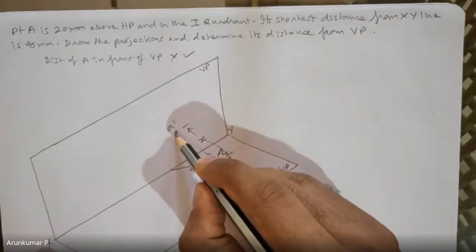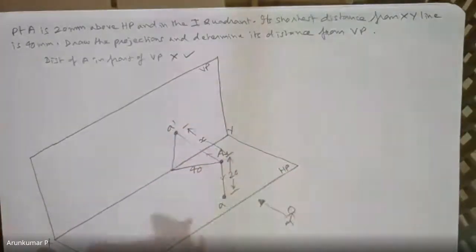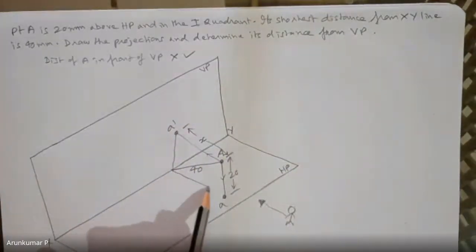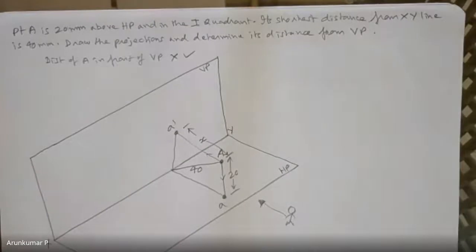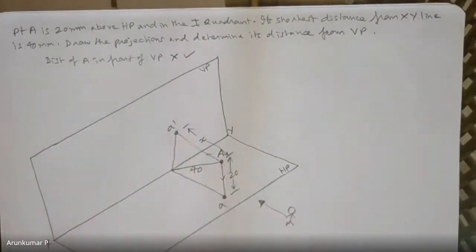If I join it like this and like this, does it make some sense? Ideally, if 40 is given and 20 is given, you can easily use the Pythagoras theorem and find the value of x.